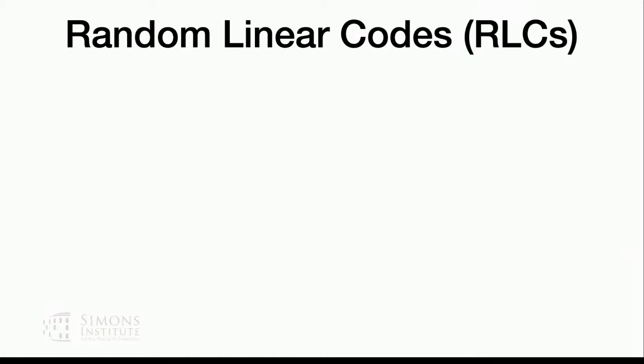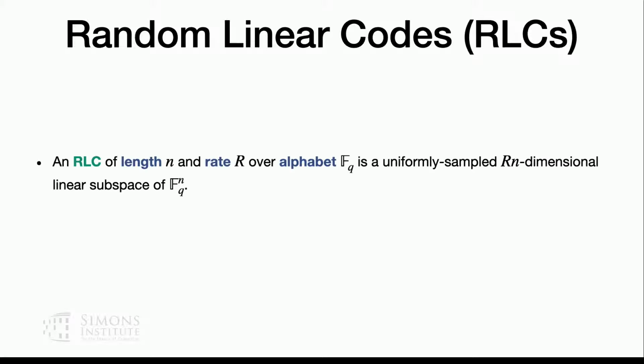Okay. And now to our star player, the random linear code, which is most of what we'll be talking about this hour. So a random linear code is just a uniformly sampled linear subspace of dimension Rn in F_q.